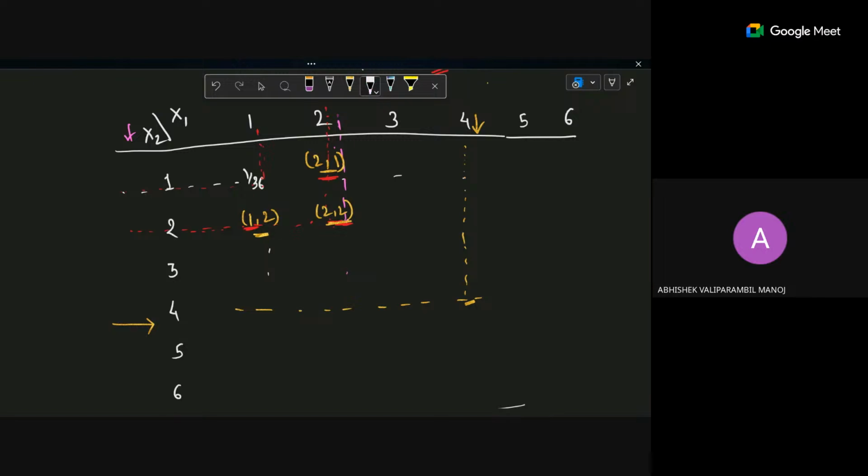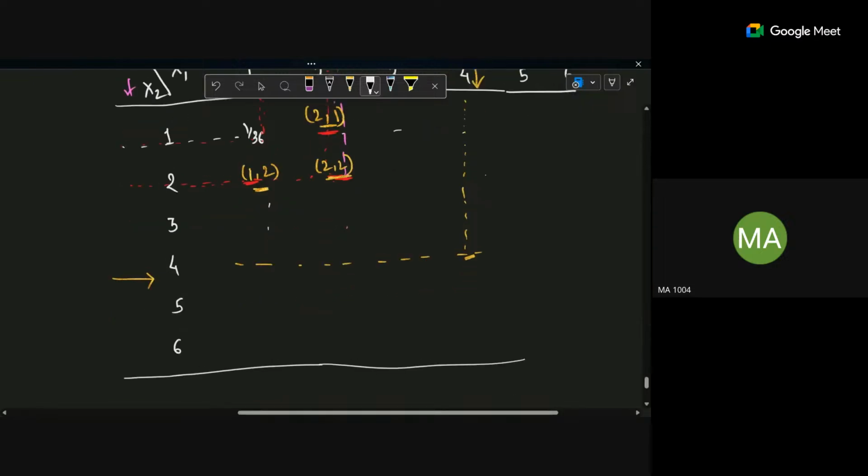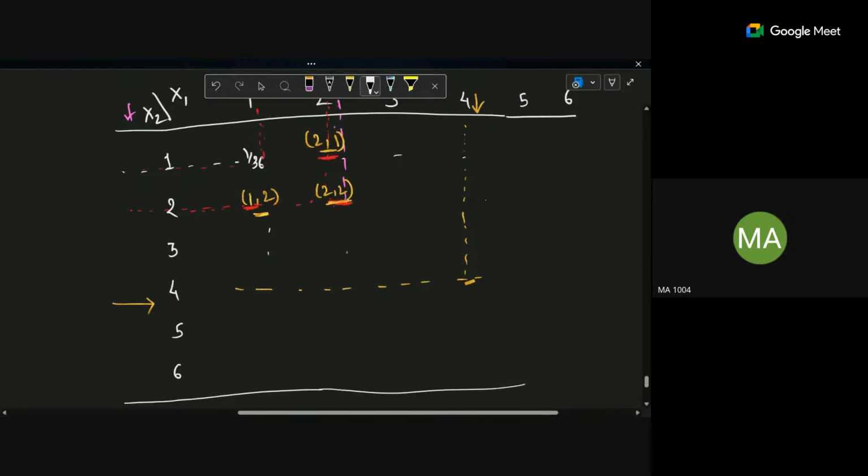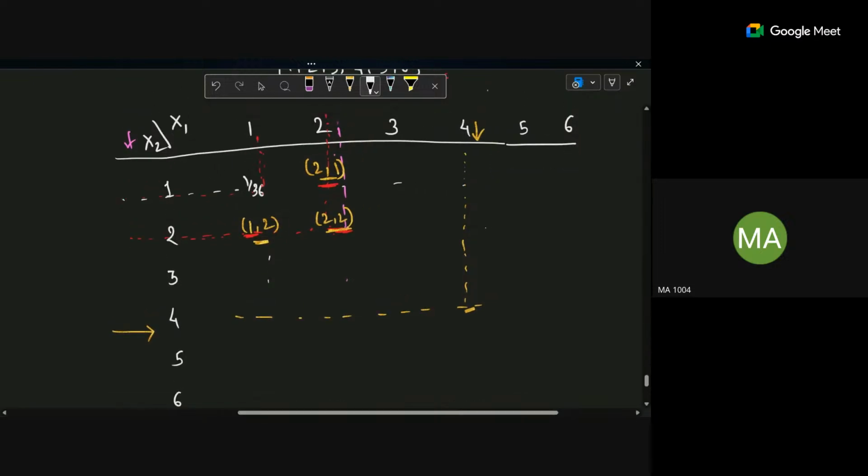Ma'am, in case of minimum? In case of minimum, how do we go for the minimum? Your x1 and x2 should not exceed that point, right? For minimum, let's say you want the minimum of x1 and x2 to be 1. Then how will you go?